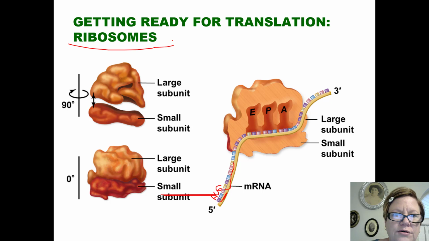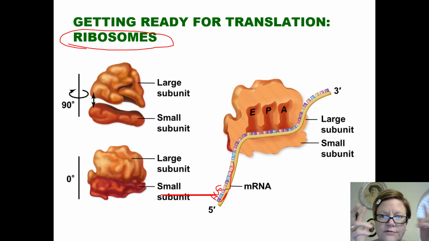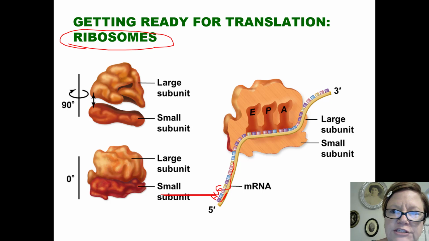The ribosome is the thing that's going to somehow, we say, read or take the information from the mRNA, those codons, and use it to build a certain kind of protein. The ribosome comes in two parts. In the cytosol, it's in 2 pieces. We call them the large subunit and the small subunit. They're made up of protein and other kinds of RNAs.